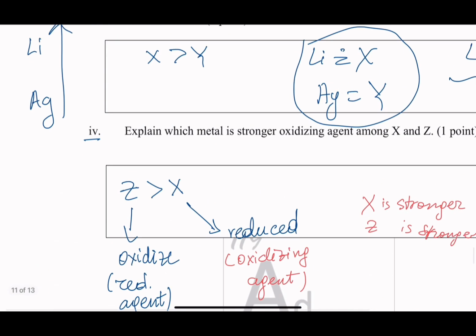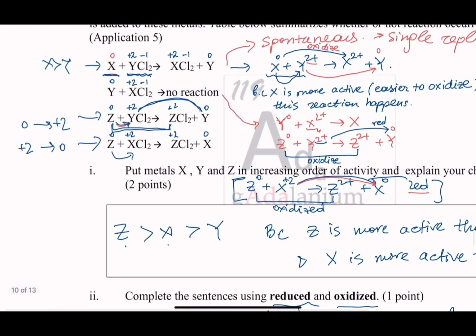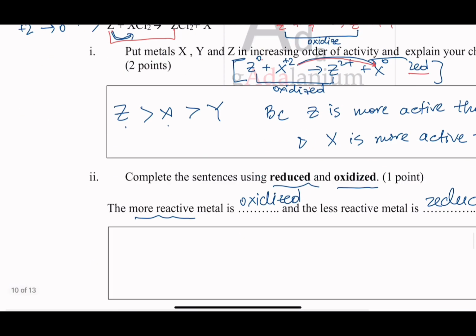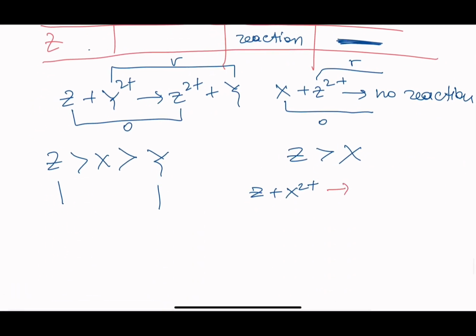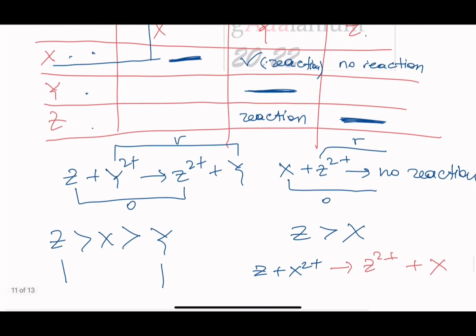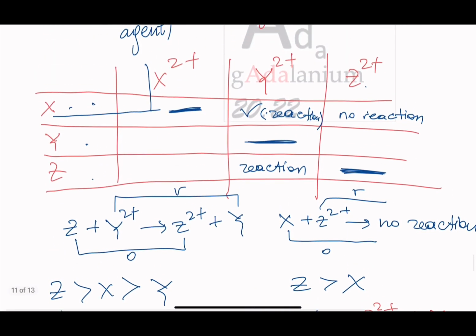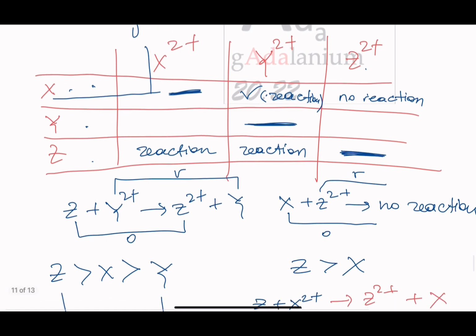If you go above, we know that Z kicked out X, meaning that Z got oxidized while X got reduced because Z is more reactive than X. So this is the reaction: Z plus X2 plus gives Z2 plus plus X. So there's a reaction here.